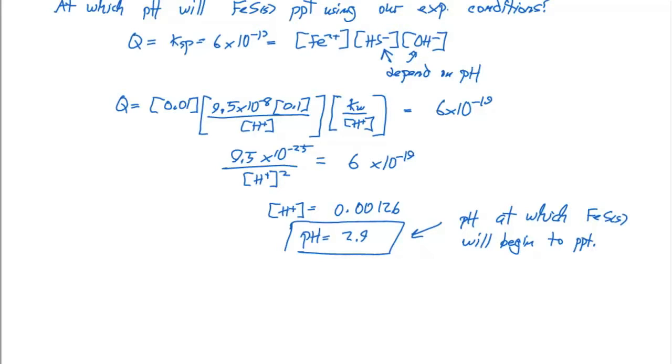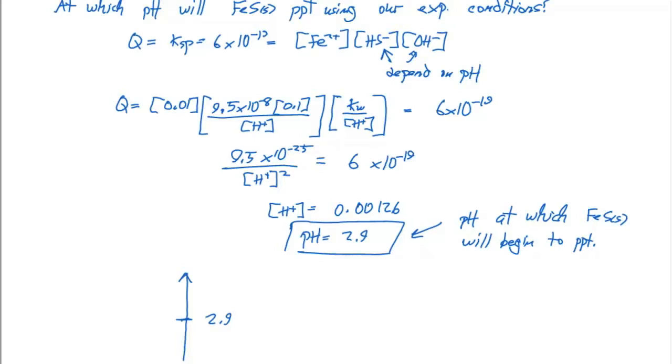Doing these pH calculations will allow us to separate out various ions in solution. Because in this particular case, if we look at iron sulfide, and this is a pH scale, we know from our calculation that a pH of 2.9 is going to be the separation point between where iron is in ions in solution and when the iron sulfide begins to precipitate out.